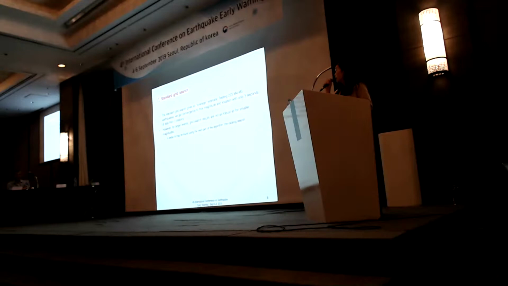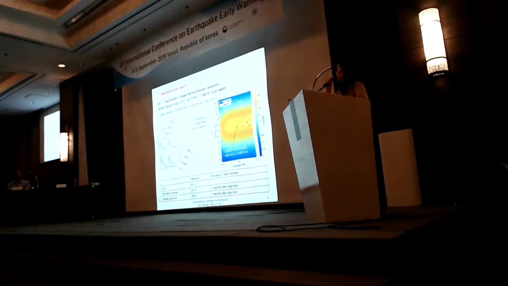However, for larger earthquakes, the grid search results may not be as robust as for smaller magnitudes. A better fit may be found using the next part of the algorithm, which is a catalog search, or we can apply a prior directly to the standard grid search. So I'll show that here using this real magnitude 7.1, the main shock in the Ridgecrest earthquake sequence from July of this year.